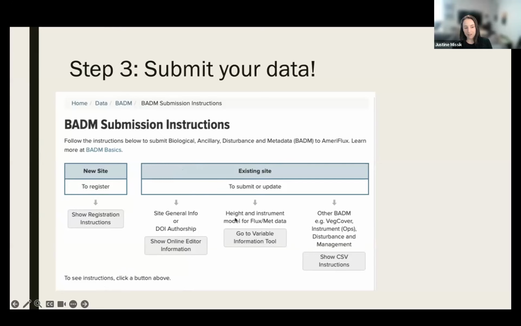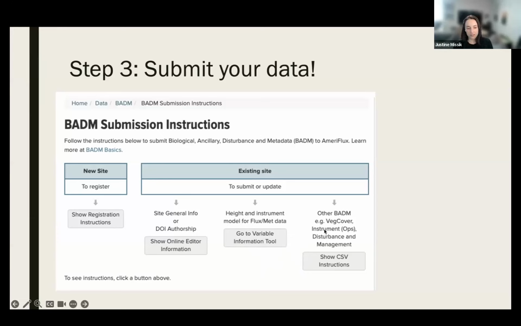And then the heights and instrument models for your instruments, there's a tool that you can use to enter all of the heights and instruments for your data set. And also if heights have changed, so if instruments have been moved around or anything like that, how you keep track of that.